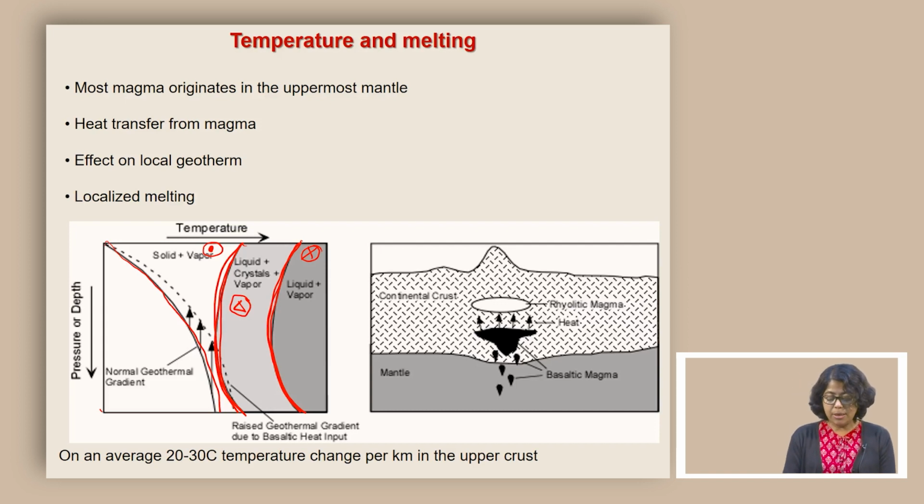So, in the example that I gave you, when the magma is rising from the mantle, what we find is this normal geothermal gradient which is supposed to be right here. Because of the release of heat from this magma, the overall geothermal gradient in that local area changes. In this area, the geothermal gradient becomes slightly elevated.